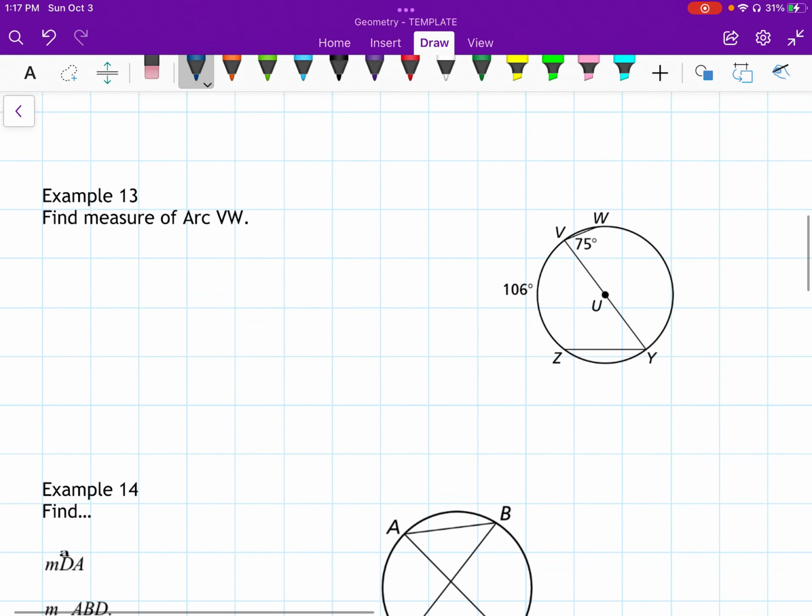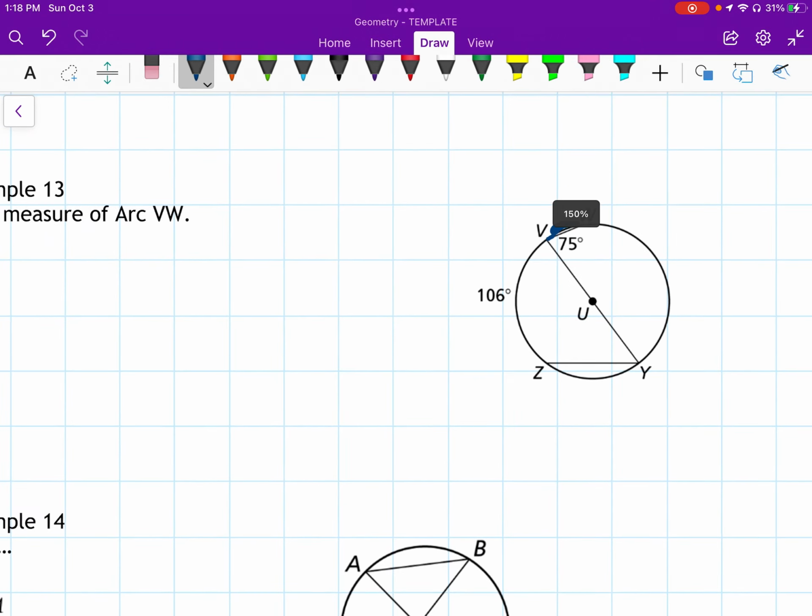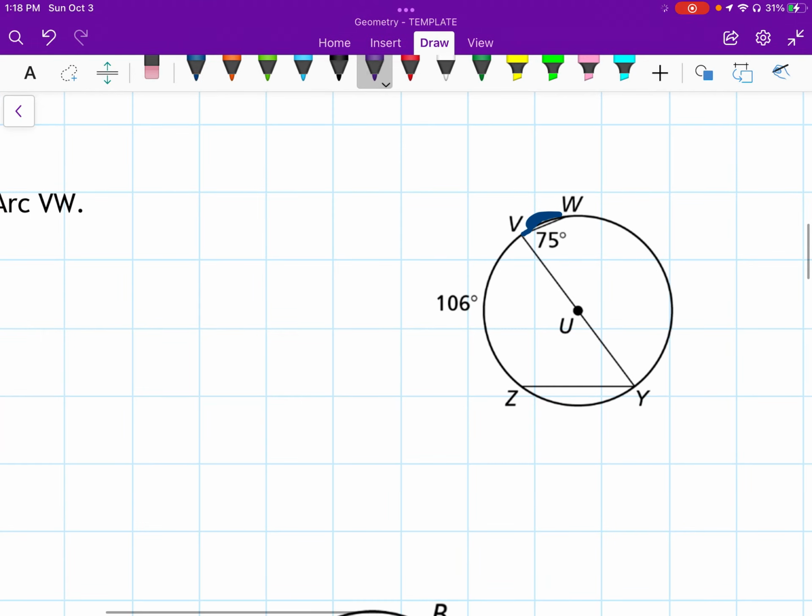Next up, example 13. Find the measure of arc VW, which is this little piece right there. Well, this is a diameter, so it splits the circle in half. This angle is an inscribed angle, right?